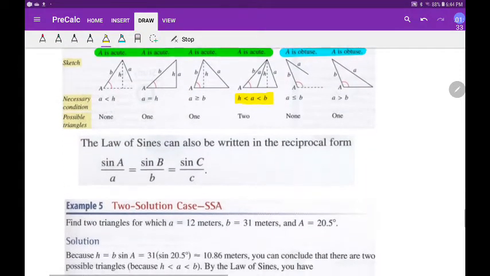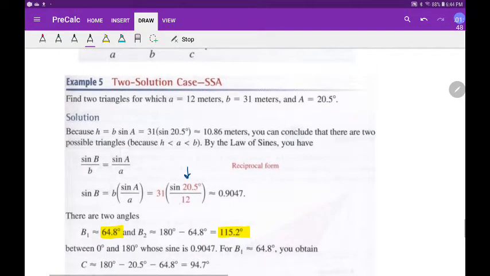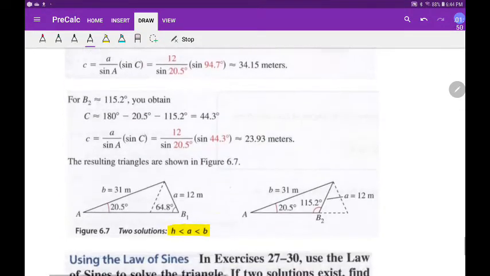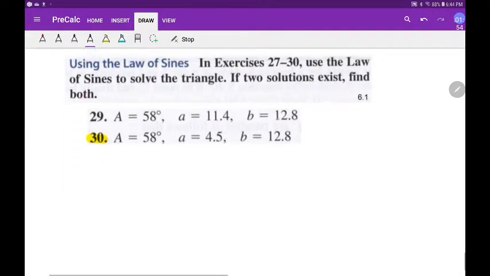Well, we'll certainly do it. Up here it said, notice that the height of the triangle is equal to the hypotenuse B times the sine of A. And we're going to do that to see if our situation lines up with this example. And spoiler alert, it does.